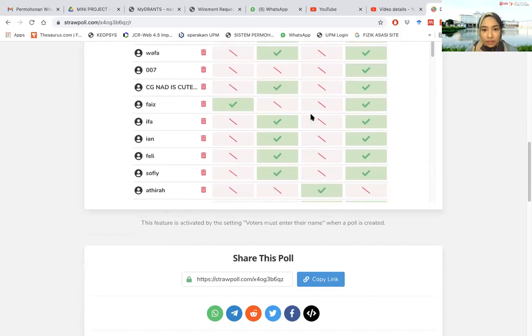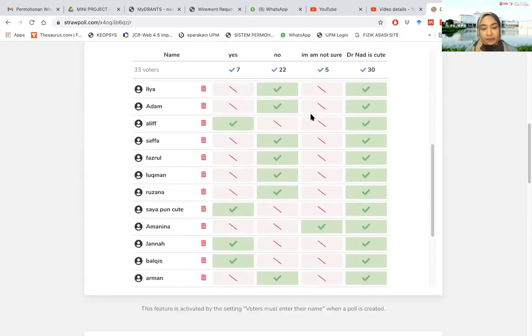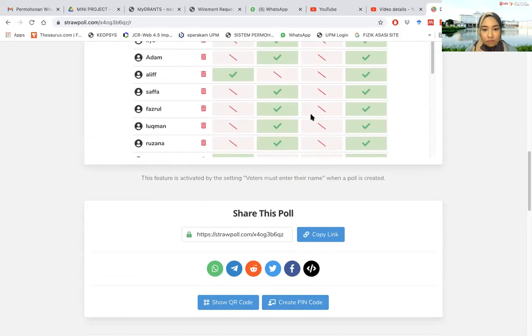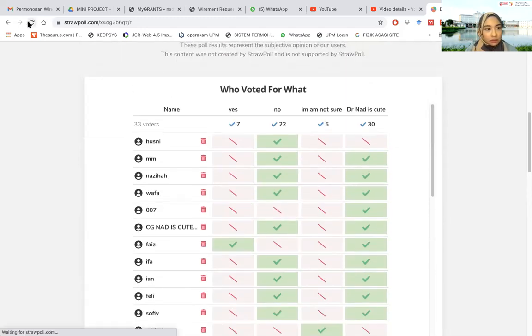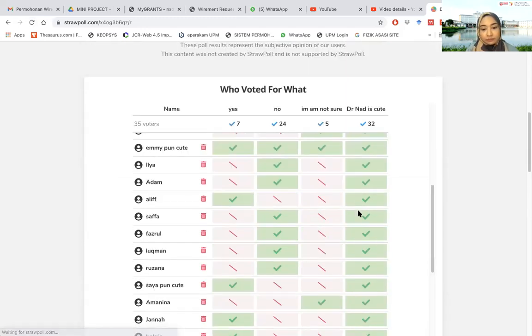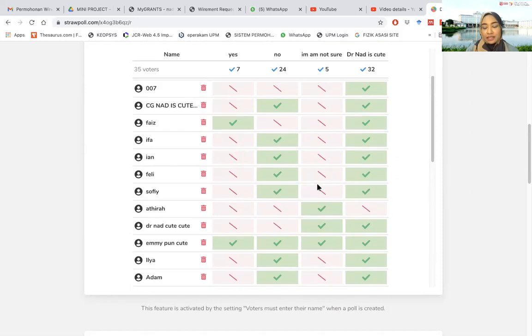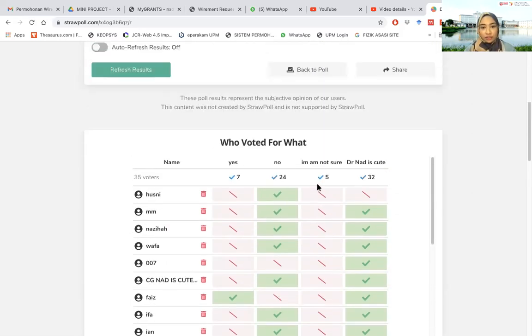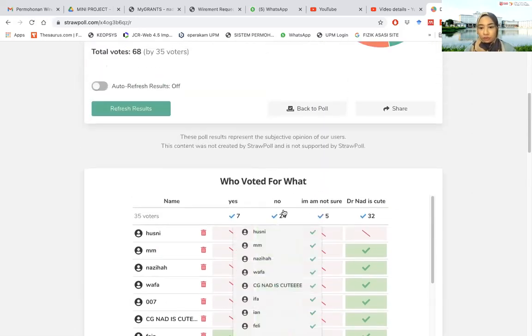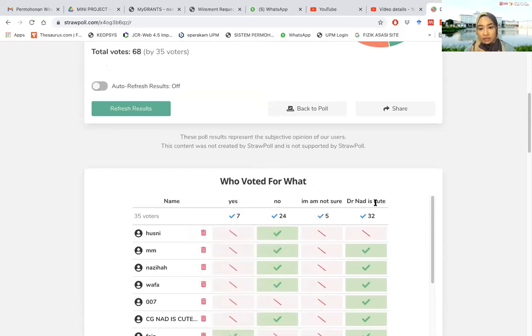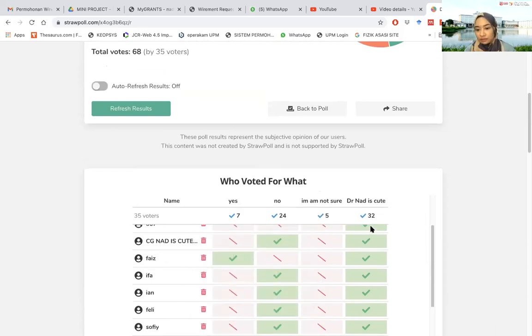Okay, so siapa nak jawab yes kat sini? Kalau yes, kenapa? Saya nak tahu kenapa yes. Okay, kalau no, kenapa? Sudah tak bagi nama pun, ya Allah hai korang ni. Okay, tak apalah, nasib baik ni bukan graded. So 24 votes for no, 7 votes for yes. Total is 33.